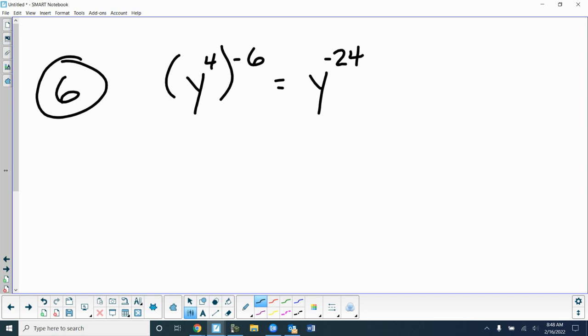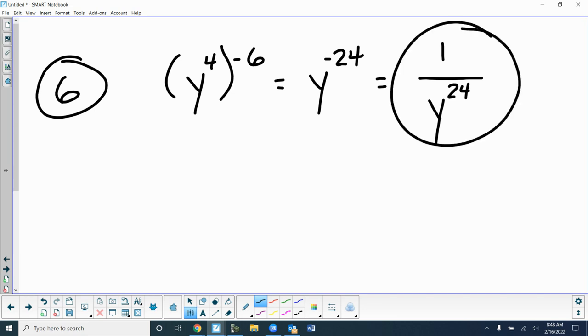No, right? So how do I make it positive, Sophia? Right. Put the 24, make it positive, it has to go to the denominator. Okay, so that's what we're looking for for number 6. 1 over y to the 24.